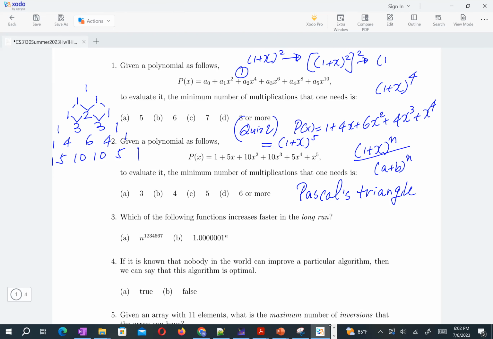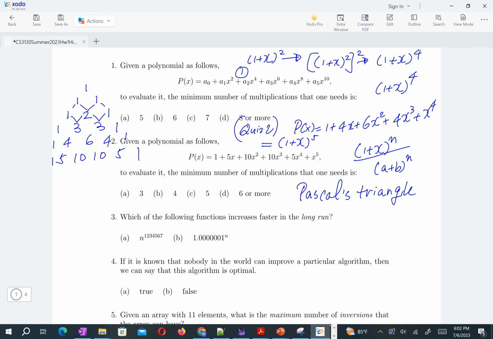Then to the 4th, we only need 2 multiplications, right? 2 multiplications. For Horner's rule, you need 3 multiplications. This way, we reduce that number to 2 multiplications. Think about the trick, this clever trick.